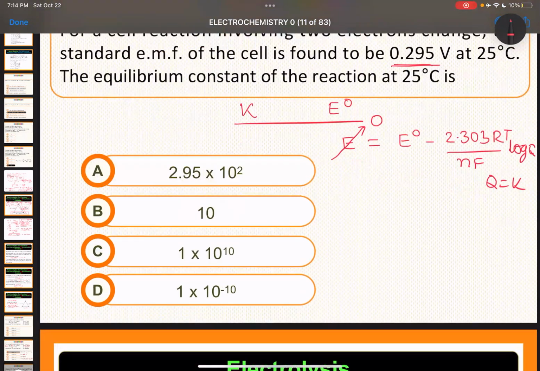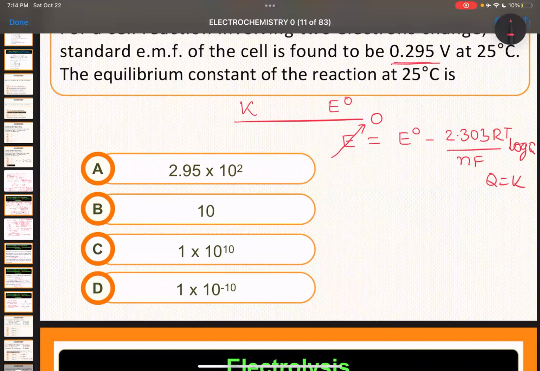Is it clear? Because whenever there is equilibrium, the cell stops working, meaning the reaction is not going in any direction. So what's going to be the log of the equilibrium constant?